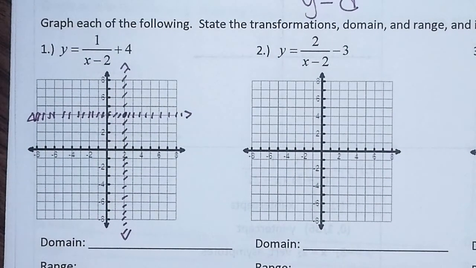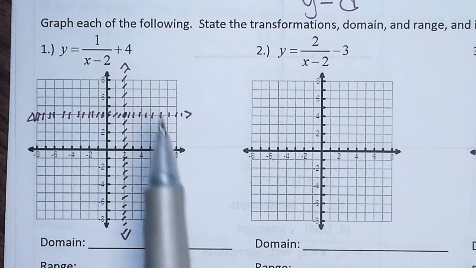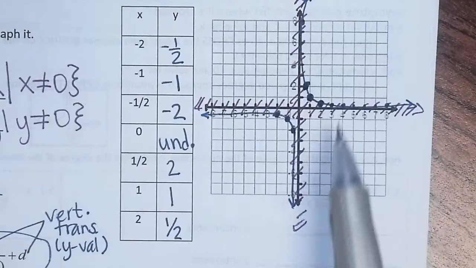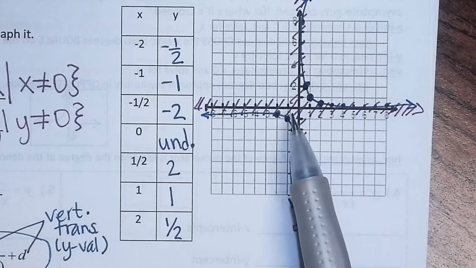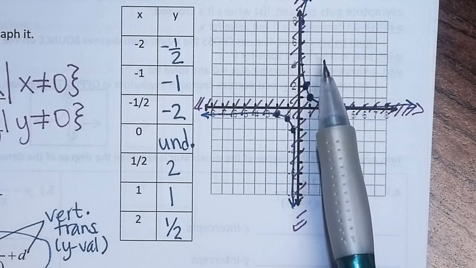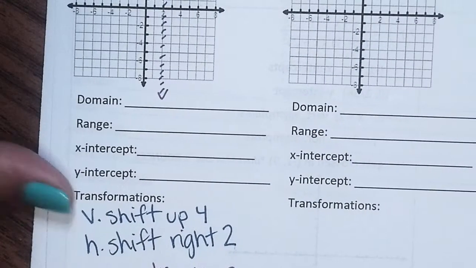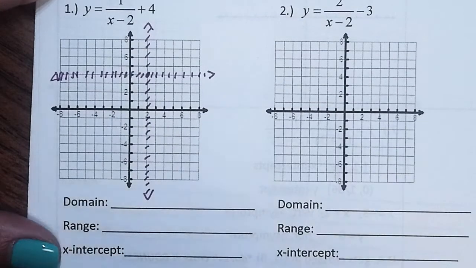Now that I've graphed my asymptotes, pretty much all I'm doing is shifting that parent function to the right 2 and up 4. So basically, all these little dots from the parent, they're just going to be shifted to the right 2 and up 4. Here's me trying to explain what goes on in my head.